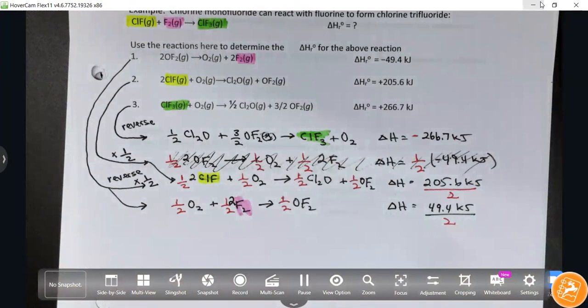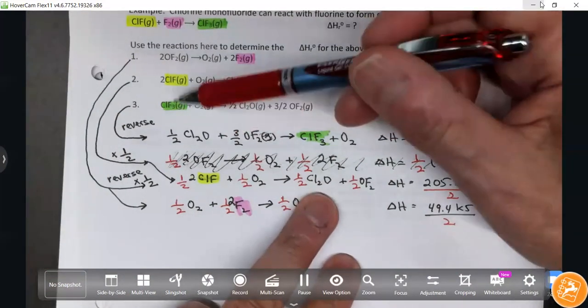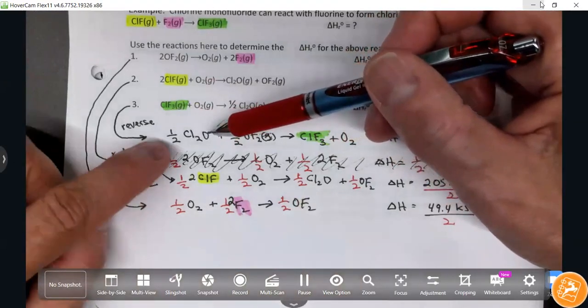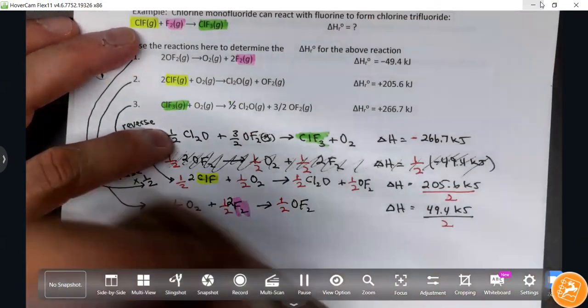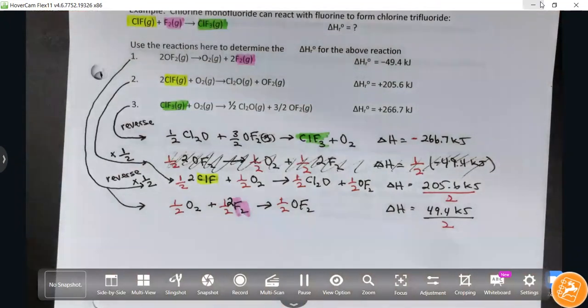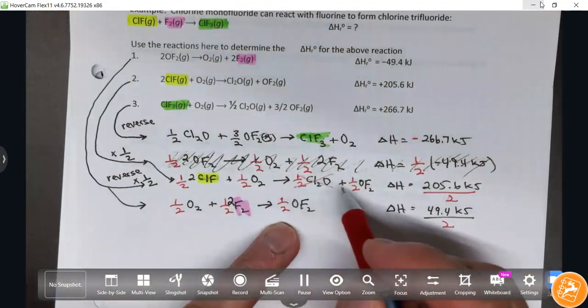Now, the rest has to cancel out. So we have 1/2 Cl2O on the left on this first one, and we got a 1/2 here. I'm going to lightly do this.